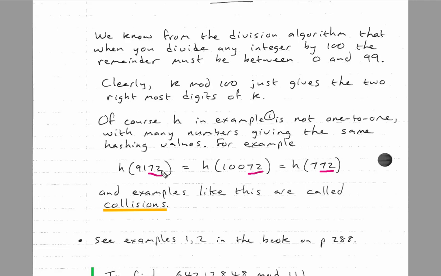So this is not a one-to-one function. When this happens, it's called a collision of the hashing function. So good hashing functions try to avoid collisions as much as possible. So you want to have the hashing values evenly distributed.